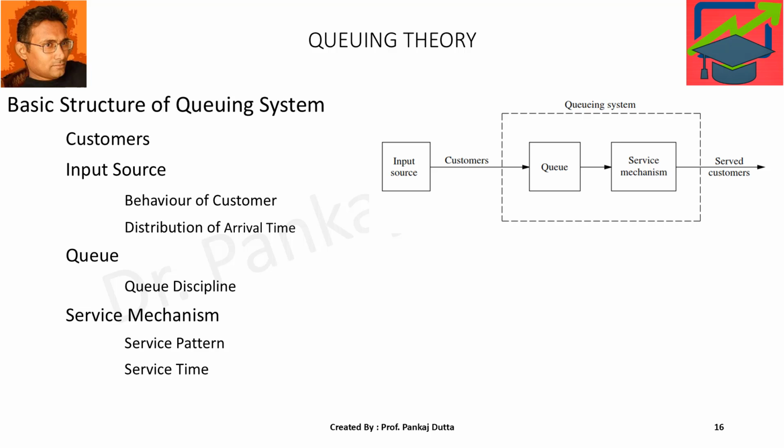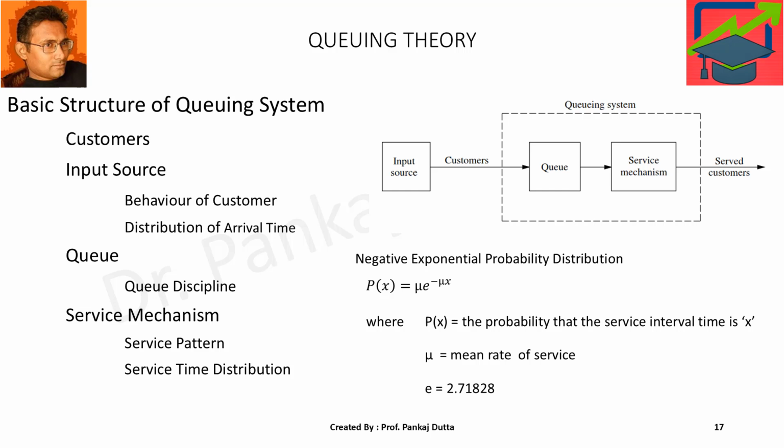Service time is important because the probability distribution of the service time, along with that of the arrival rate of customers, determines the operating characteristics of a queuing model. The service time distribution that is most commonly assumed in queuing theory is the negative exponential distribution. If the mean service rate per unit of time is mu, then this is how we can express the negative exponential distribution.